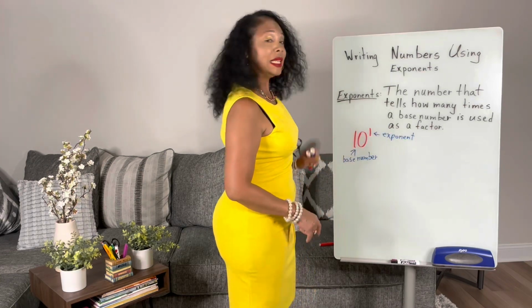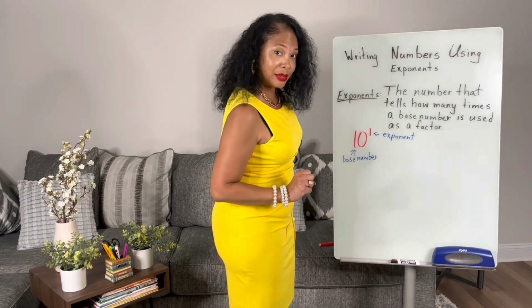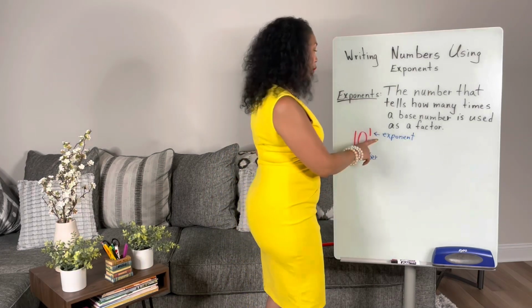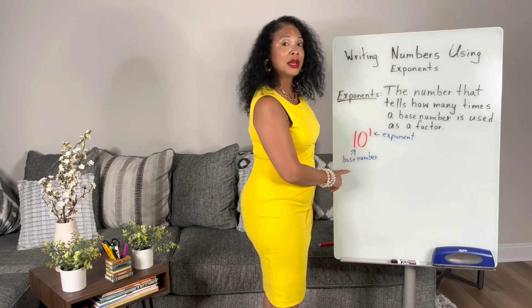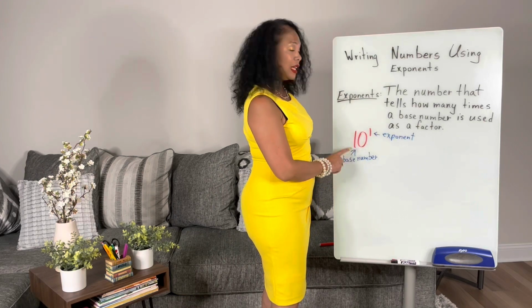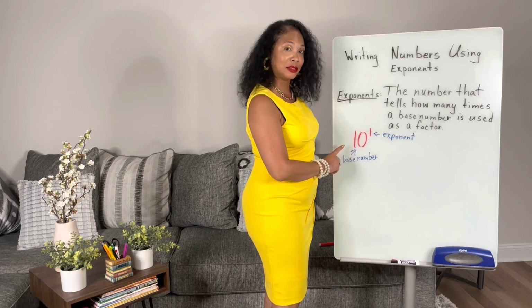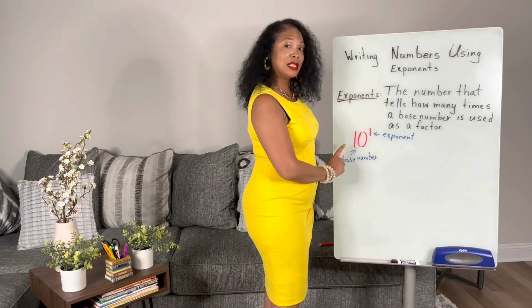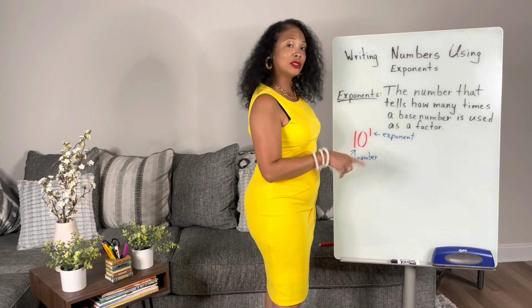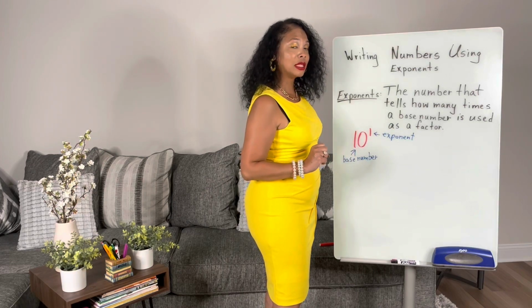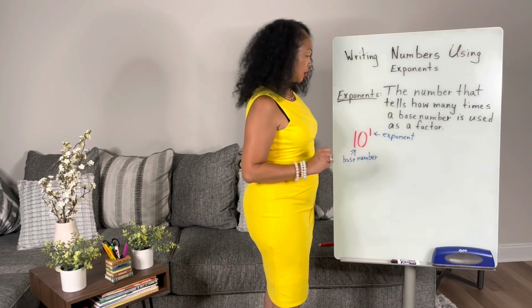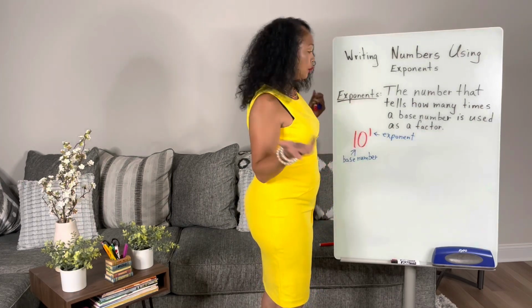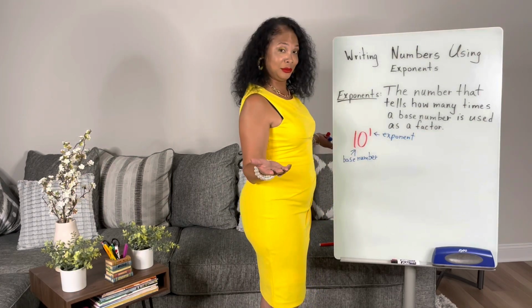The 10 is the base number and the 1 is the exponent. The exponent tells the base number how many times it's going to be used as a factor. So this exponent tells the base number it's only one time you're going to be used as a factor. So 10 to the first power is equal to 10.